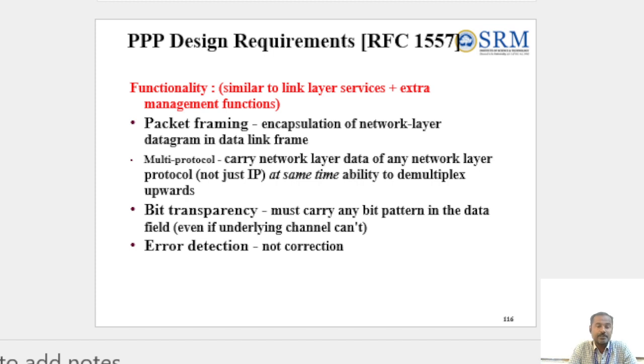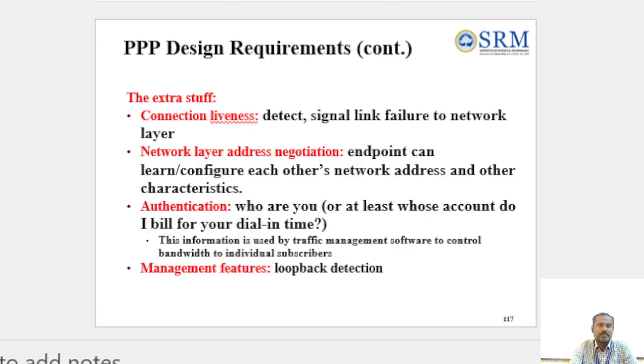Then error detection will be there. There will be error detection, not correction. So it is only going to detect the errors, but not going to correct those errors. Then apart from that, it has connection liveness, meaning it will detect signal link failure and inform the network layer. Then network layer address negotiation, meaning endpoints can learn or configure each other's network address and other characteristics.